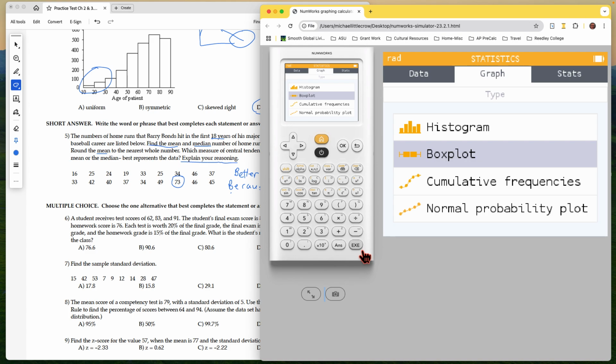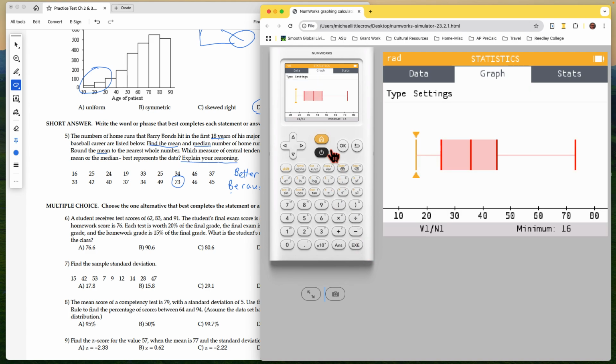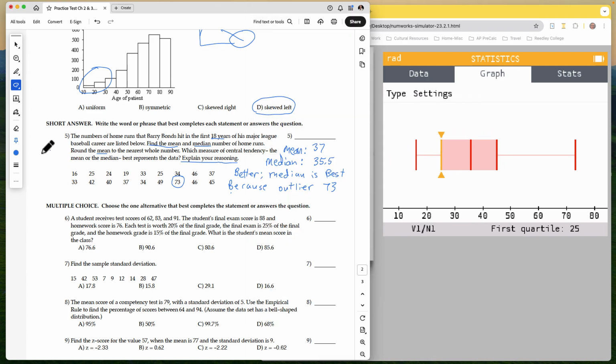The box plot shows us that the third quartile is 45, first quartile is 25, so the interquartile range is 20, right? 45 minus 25 gives us 20 as our interquartile range.